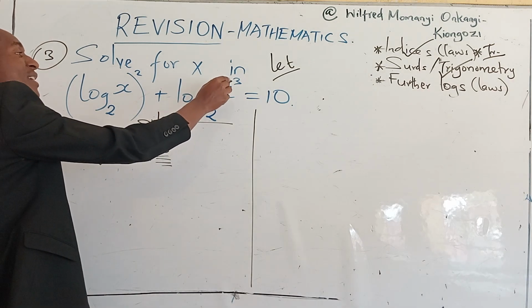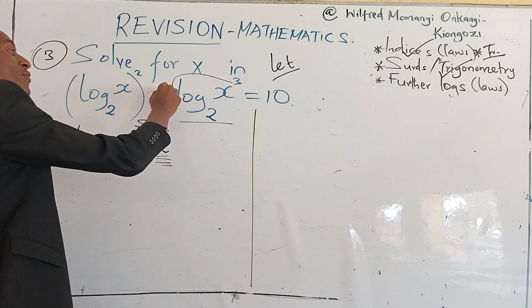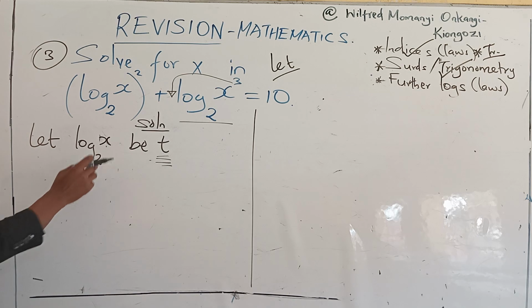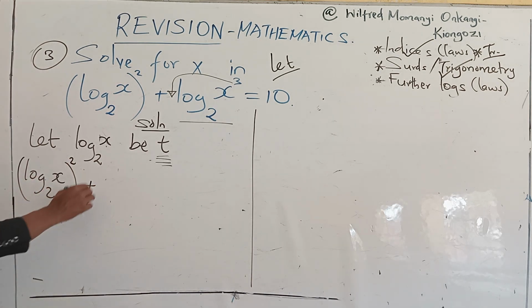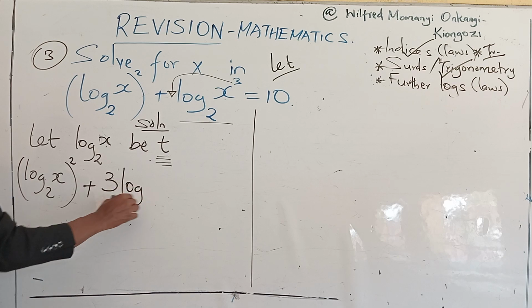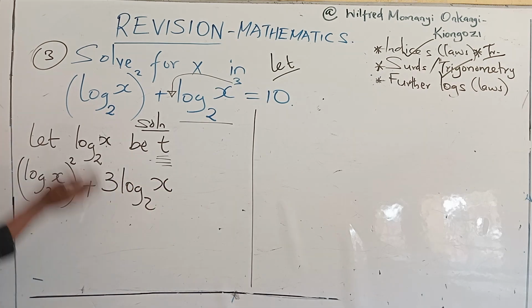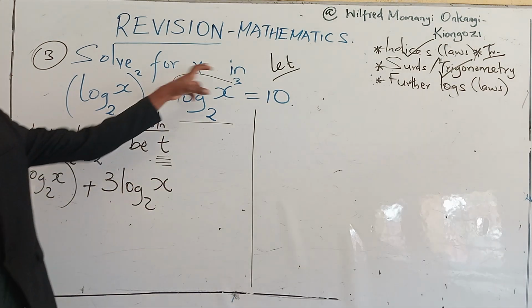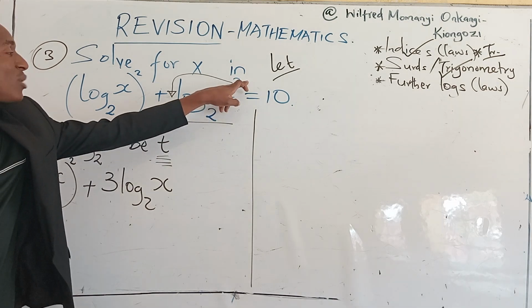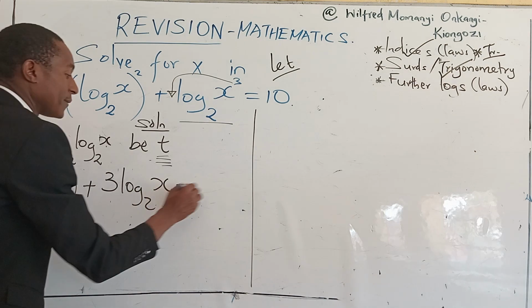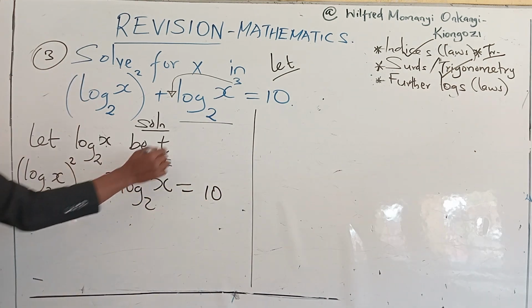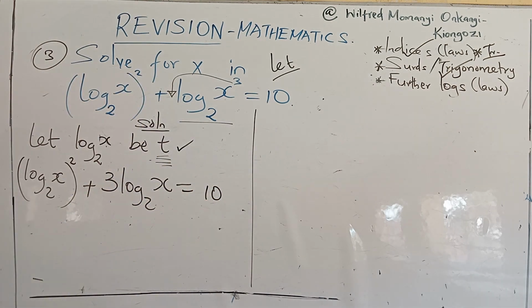We shall make sure that this 3 goes before log, so that we remain with log to base 2. In other words, we shall have log to base 2 of x, everything squared, plus 3 log to base 2 of x. In this case, we have simplified our value here by ensuring that 3 comes to this end. That is a log is equal to 10. So we can go ahead and apply the concept of letting.